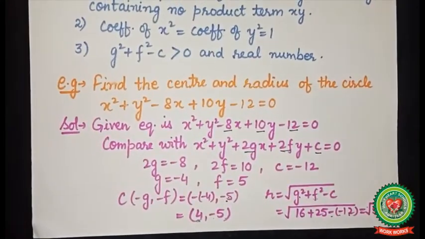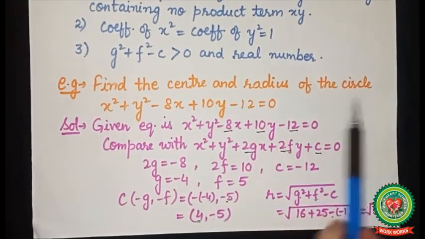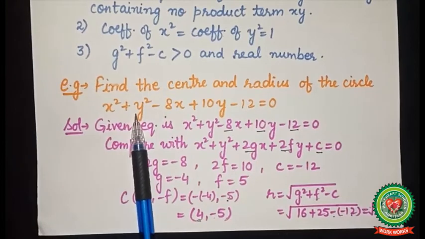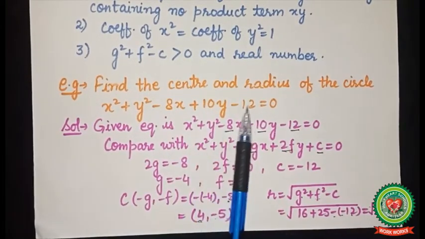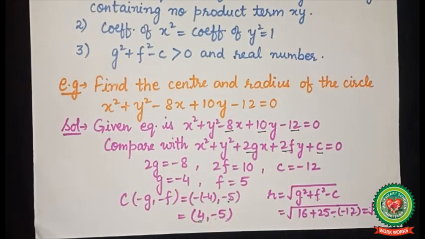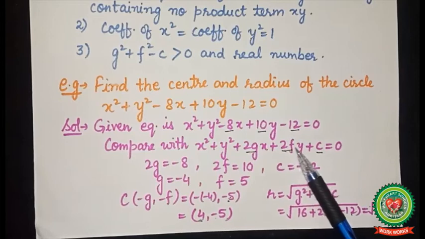First is, find the center and radius of the circle x square plus y square minus 8x plus 10y minus 12 is equal to 0. Now here the equation is given in the general form of circle. So first step, we will compare it with x square plus y square plus 2gx plus 2fy plus c is equal to 0.